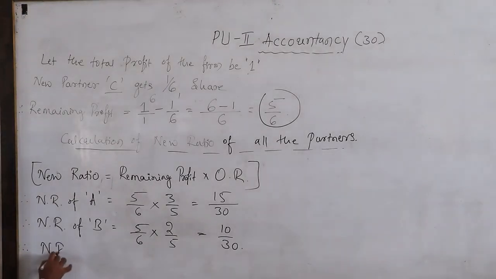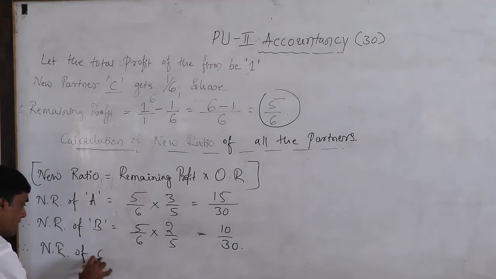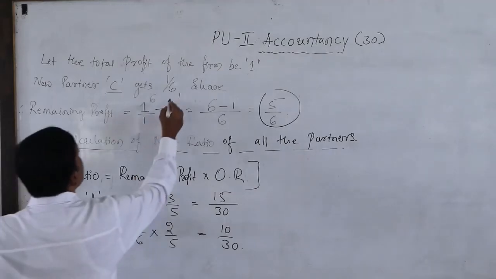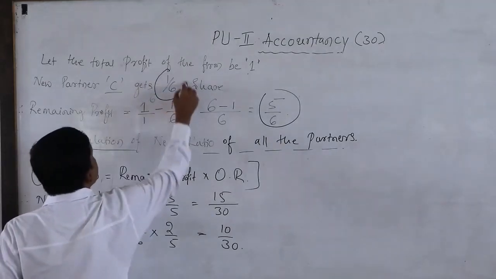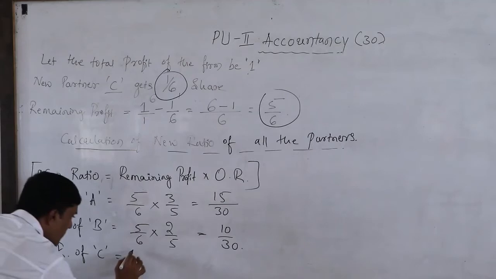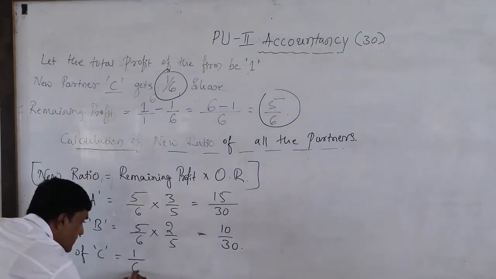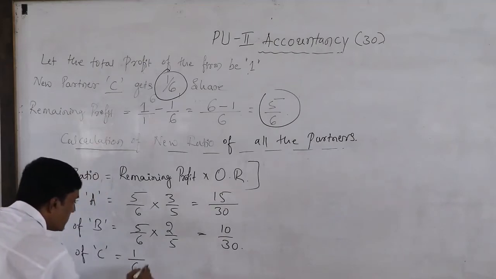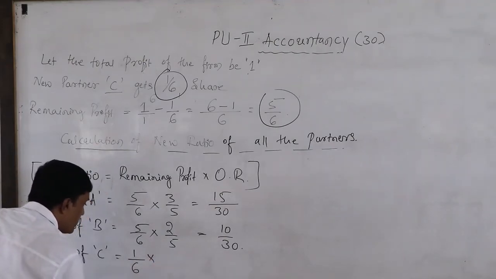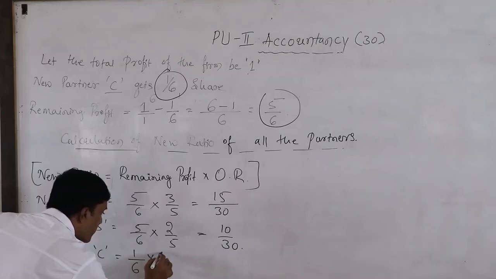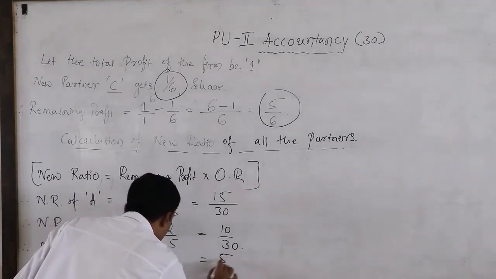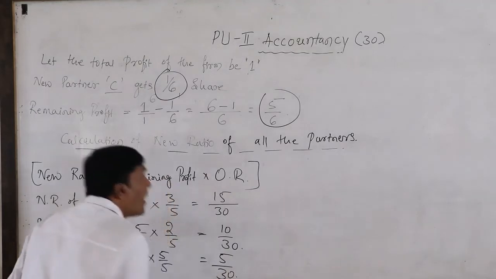Then the new ratio of C, he is the new partner. They have already given his new ratio, that is 1/6. Look here, 1 by 6. Simply we need to convert this 6 into 30. So for getting this 30, we need to multiply by 5, which will be 5 upon 30. Okay.